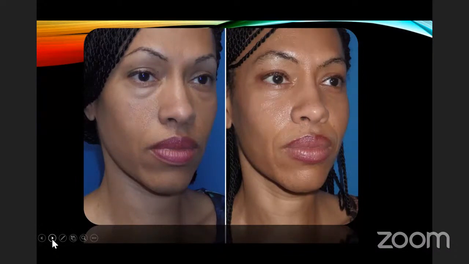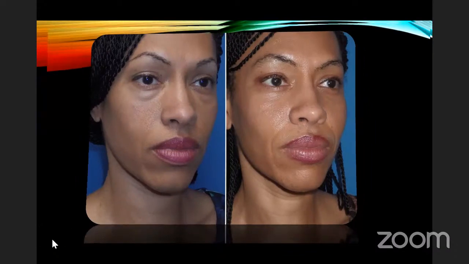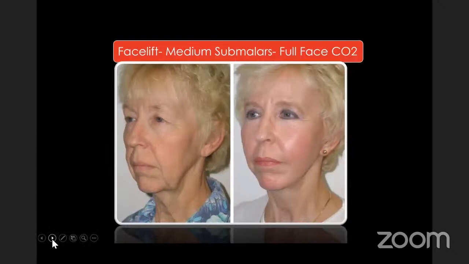This is a patient with very flat cheeks before and after cheek implants. This is facelift, brow lift, laser, cheek implants, chin implants. So look at the mid face on this patient who's almost 70 years old. She looks much younger because of her cheeks. Same thing. This is a blepharoplasty, cheek implants, facelift.